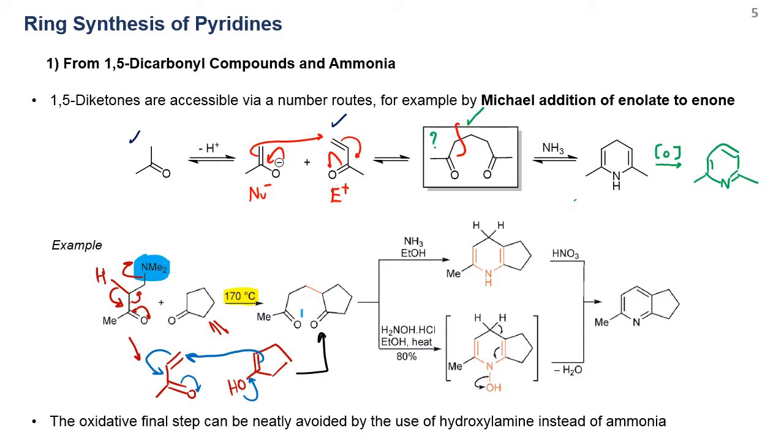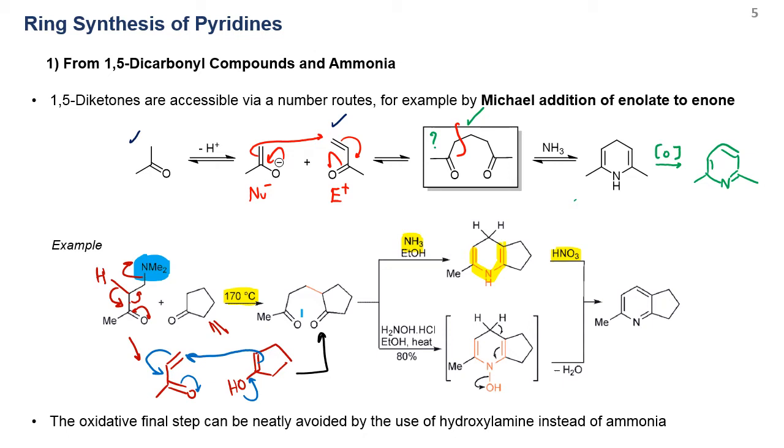So from here, if you add ammonia, you will condense to form the dienamine type, and then after that you need to oxidize the ring. Maybe nitric acid is good enough as an oxidant to generate the pyridine of your choice.